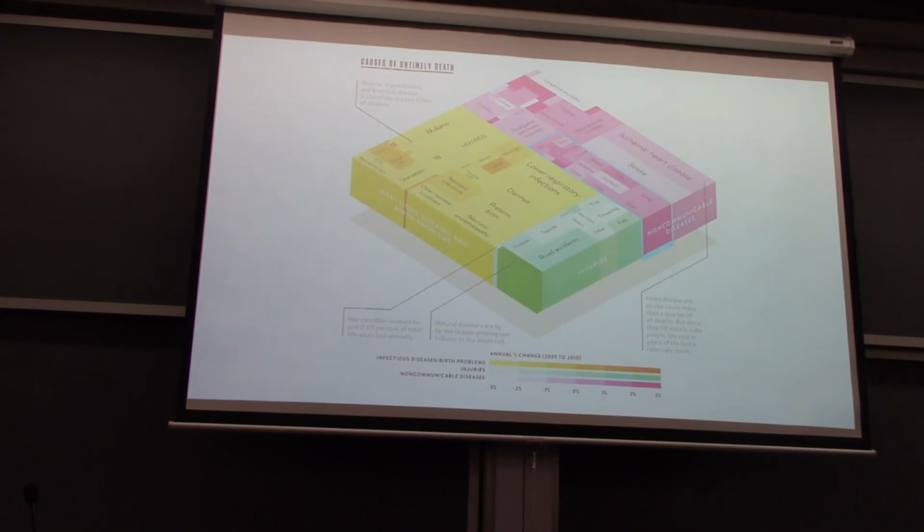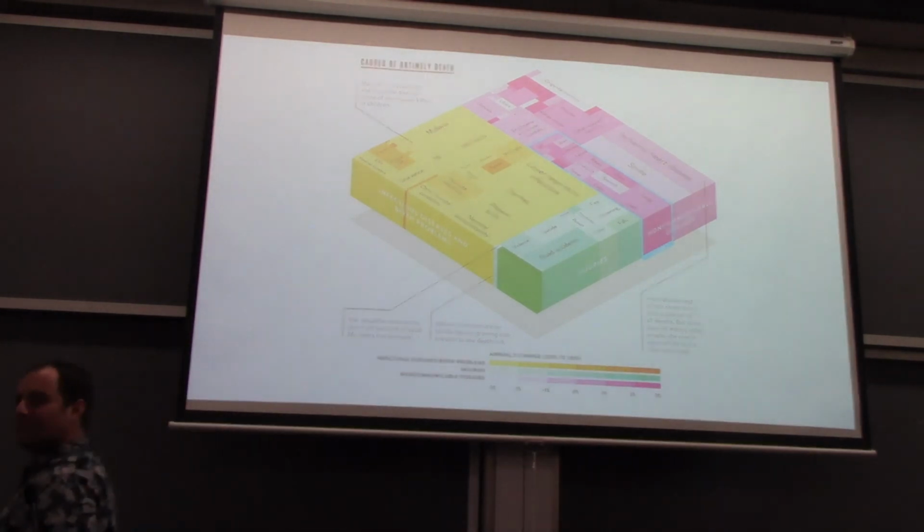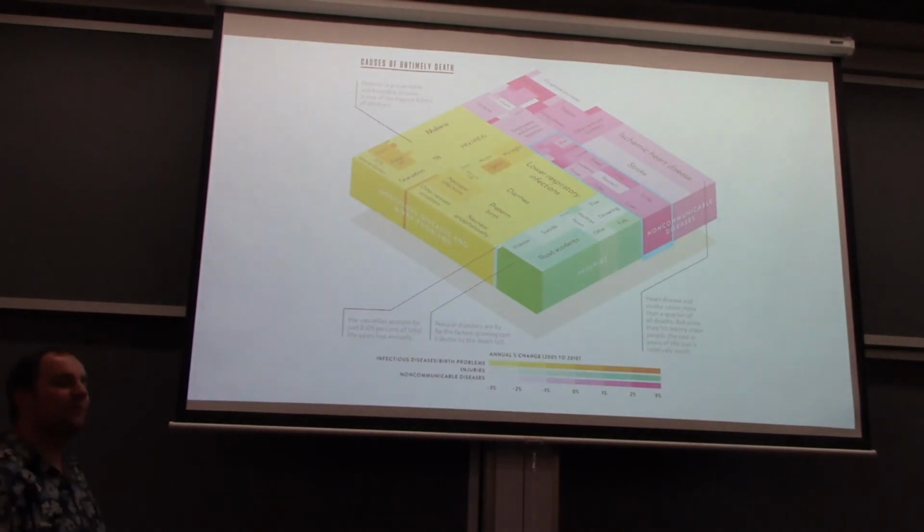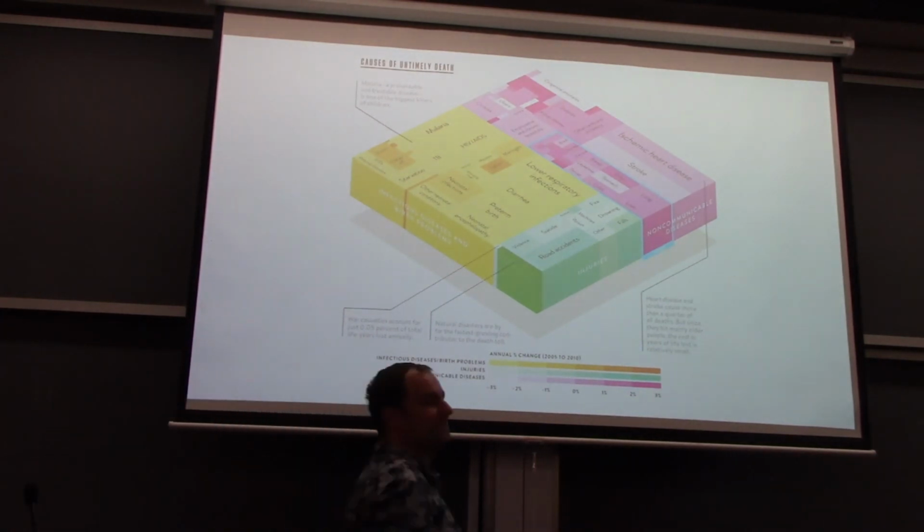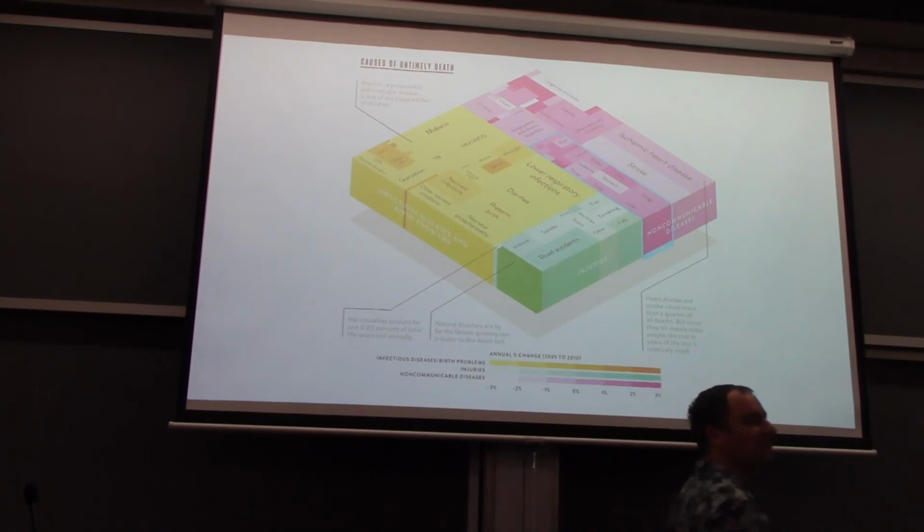Okay, so let's discuss this as a group. What is the data that is shown in this chart? Please raise your hands. Yep. So it's the percentage change annually in the number of deaths in each segment of each disease.